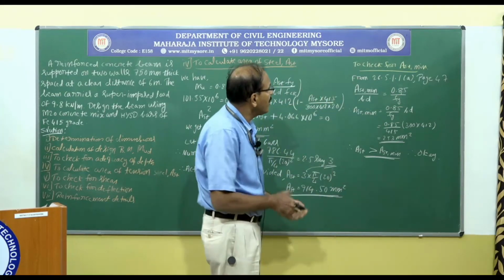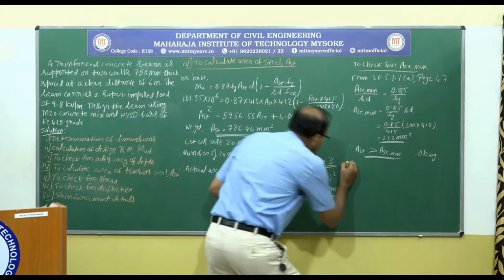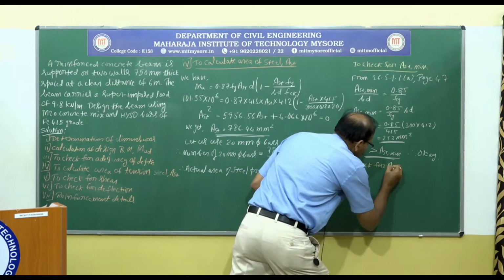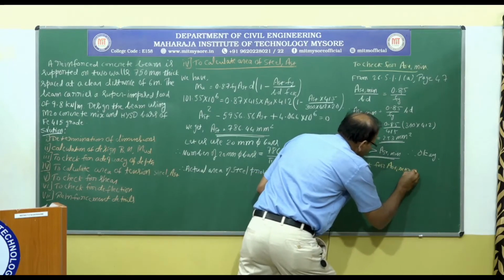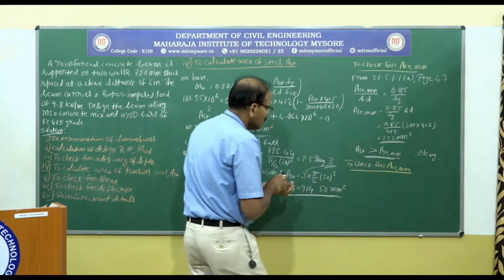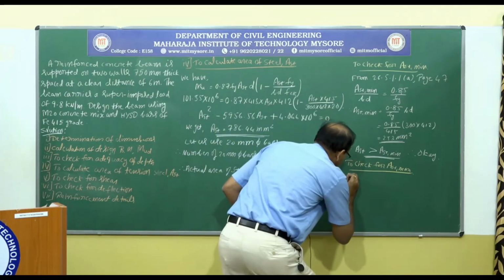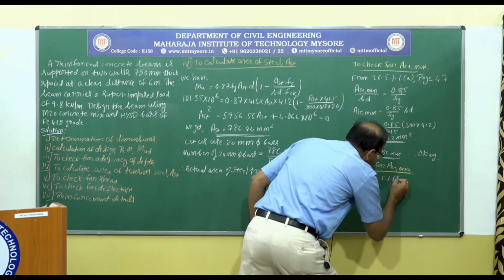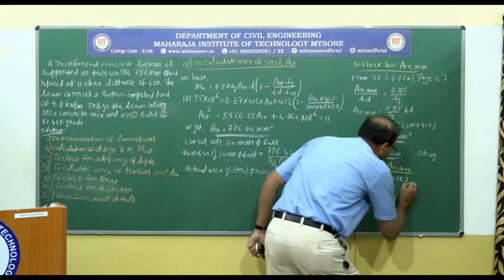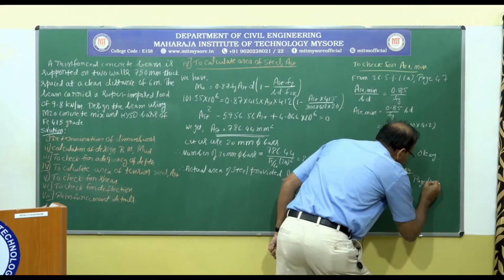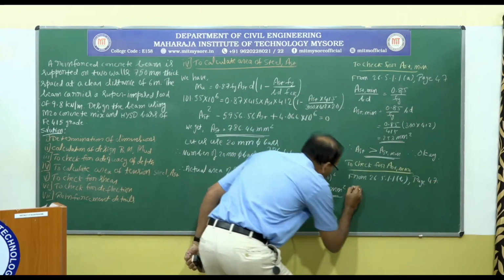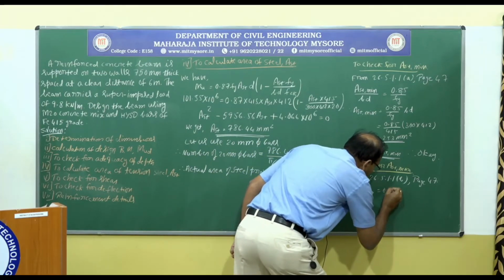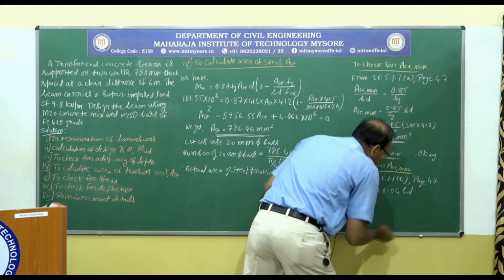Similarly, we have to check for AST maximum. Again, from 26.5.1.1b on page 47, AST maximum equal to 0.04 BD.